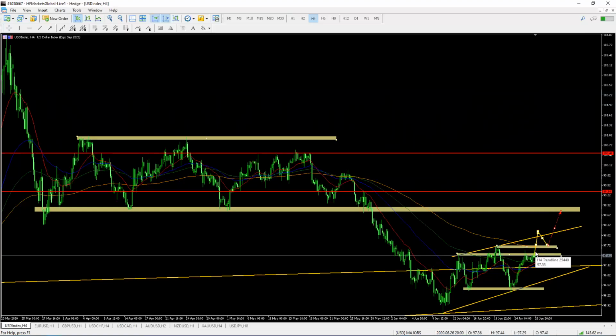The bigger probability, we're expecting this break mostly because we've seen the market start to form an uptrend. Okay, this point, you can see this low. Then we have a higher high. Then we have a lower high.